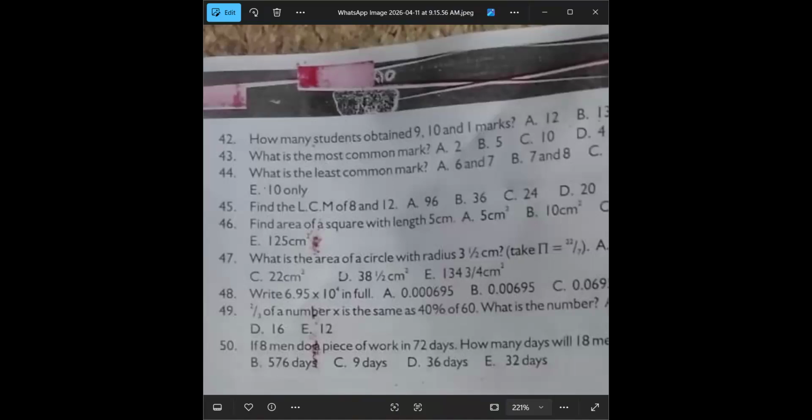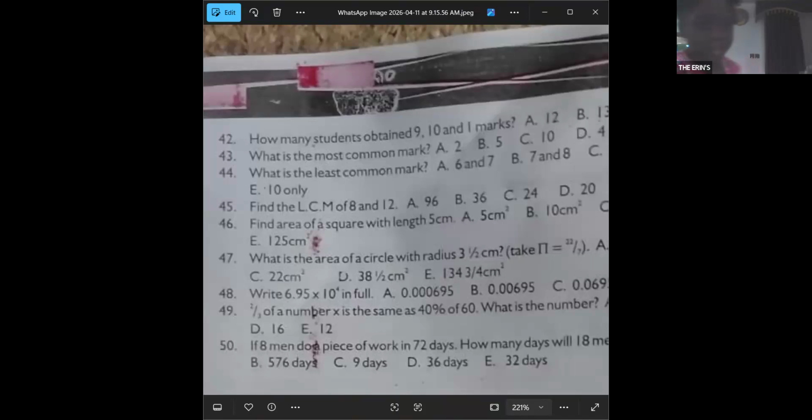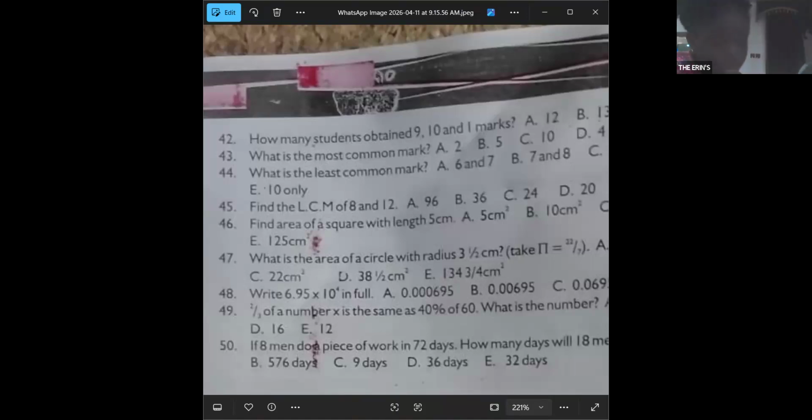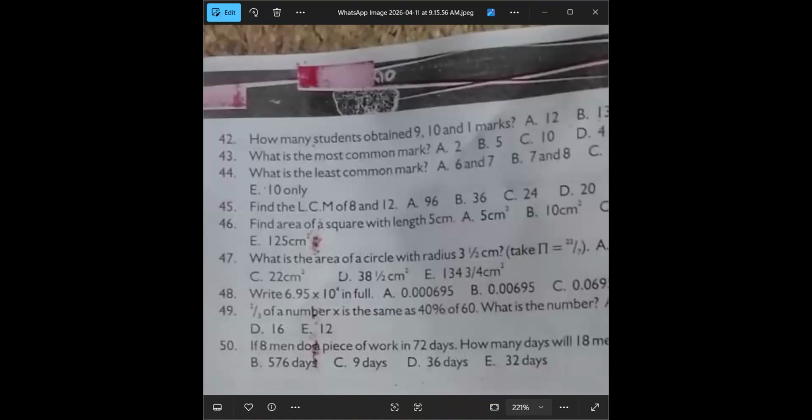What is the formula? It's not to be telling me that it's very simple. What is the formula? Length squared. Good. Length squared, L squared. That's also correct. So now that you have given me the formula, can you apply it?